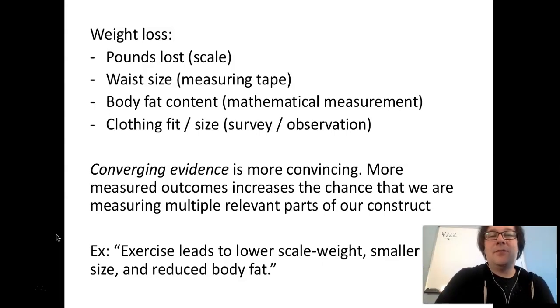So it might be good to have multiple measures of weight loss. So we measure weight loss in multiple ways. Maybe a combination of all of these things, or maybe all of these things plus more, right? Maybe there are some other measures that we're not even thinking of right here.